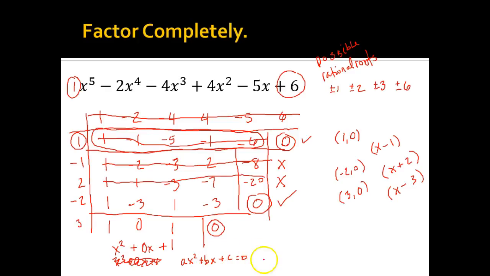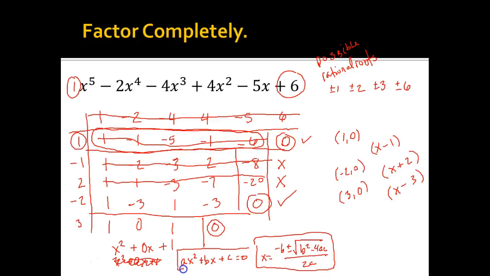Then, if you have that, then x equals, here it is, negative b plus or minus the square root of b squared minus 4ac over 2a. That is called the quadratic formula. It's very powerful. It does require that you start off with an equation in this form.